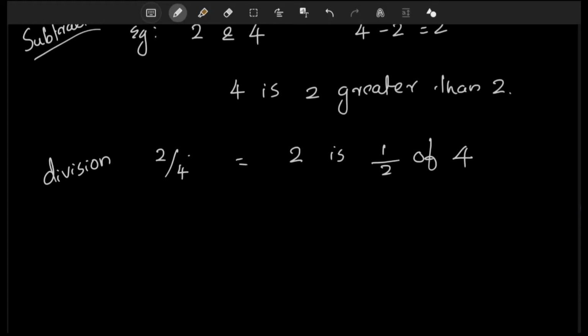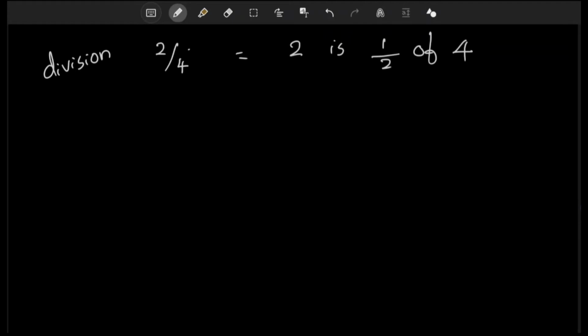For the comparison of objects as a ratio, the two quantities we are discussing should be in the same unit or of the same kind.